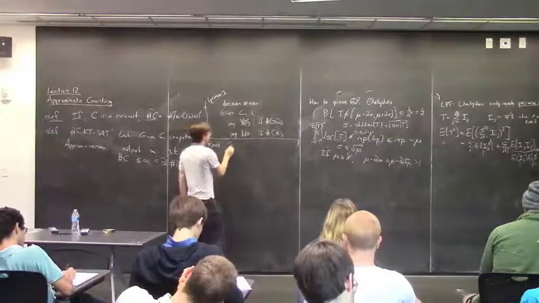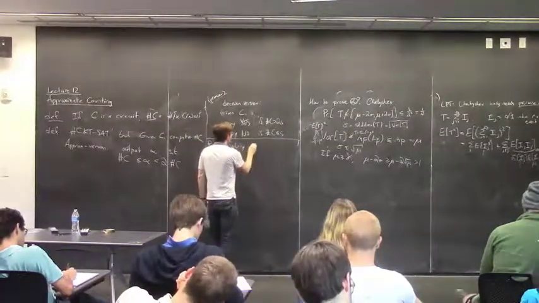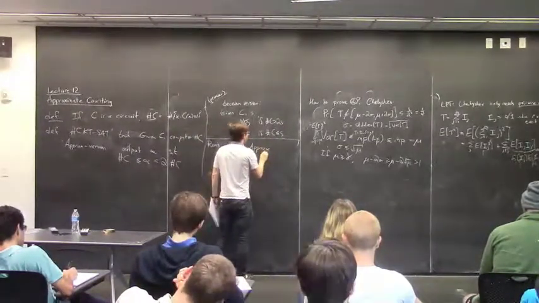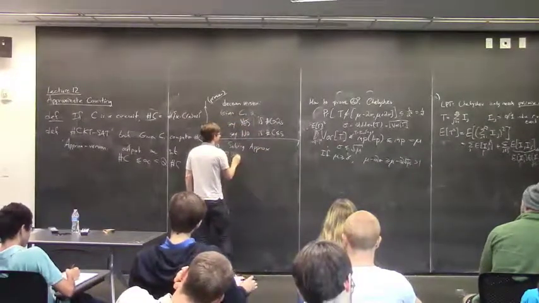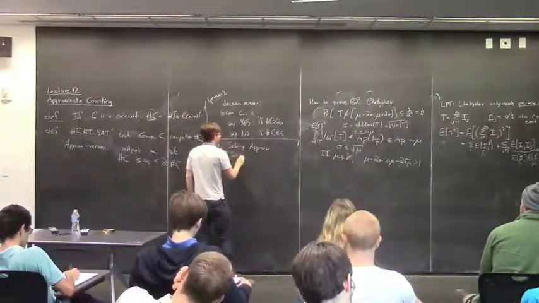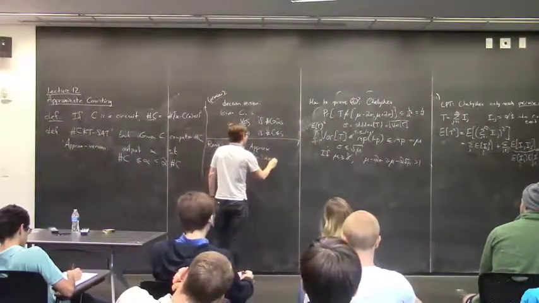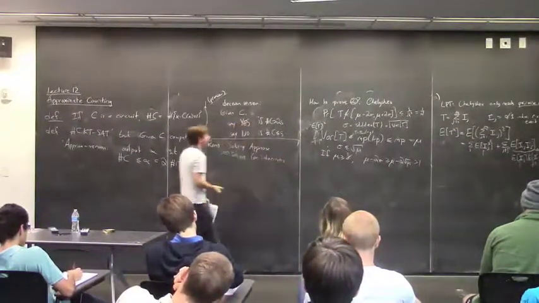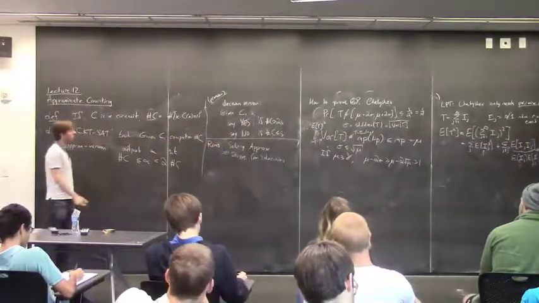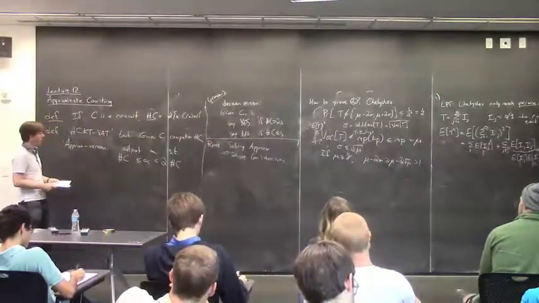Okay, if you can solve the approximate problem, then that implies you can solve the decision problem. With polynomial slowdown. Well, actually, not even with polynomial slowdown.